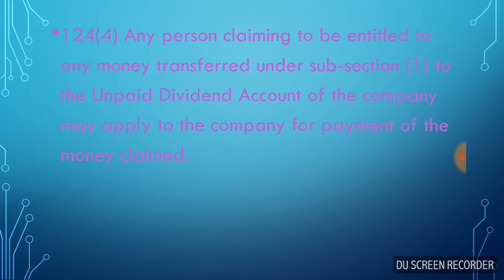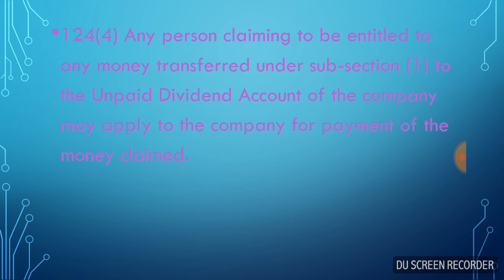Then the next section is section 124, subsection 4. Any person claiming to be entitled to any money transferred under subsection 1 to the unpaid dividend account of the company may apply to the company for payment of the money claimed. This period is very important.